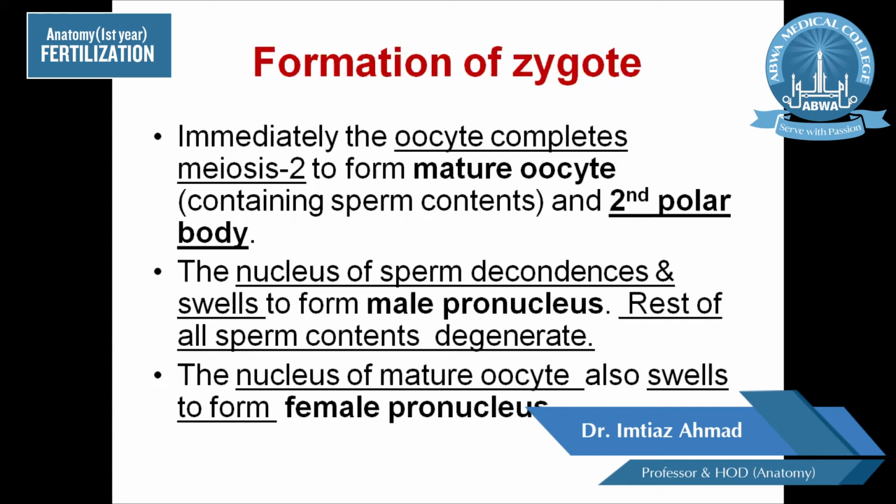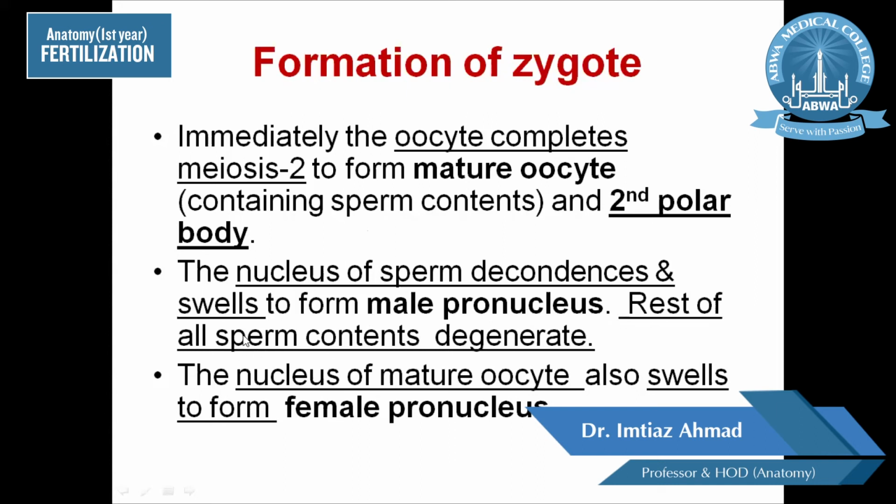The nucleus of the sperm decondenses. Decondenses means, when we discussed spermiogenesis last time, we noticed the rounded nucleus of the sperm assumes a pyramid-shaped structure by condensation. The nucleus of the sperm decondenses, it swells to form the male pronucleus.